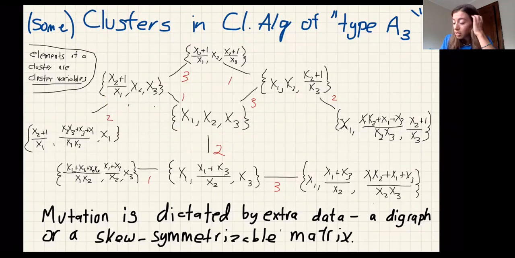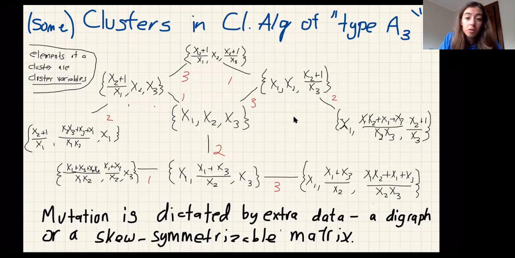So again, high level dynamics: we have all these sets of the same size. We can replace one element in each set. This replacement operation is an involution, so my tree here is not directed. Sometimes the mutations commute and sometimes they don't, depending on how close or far the variables are and such.